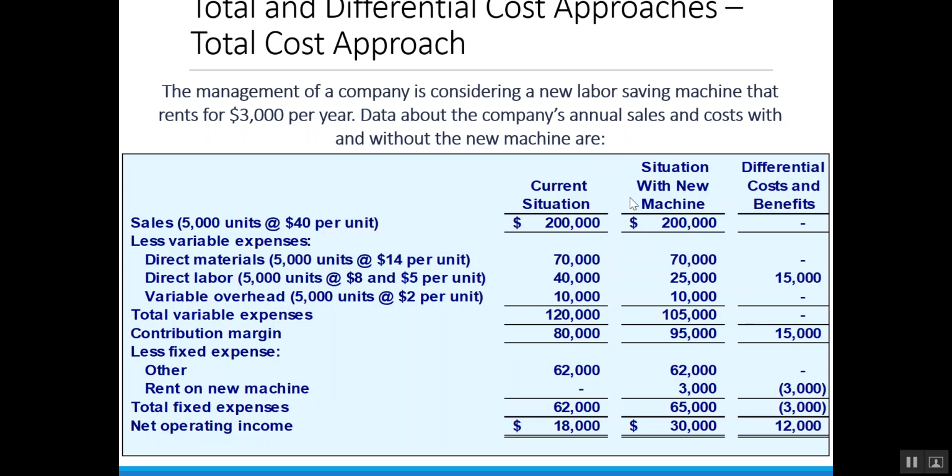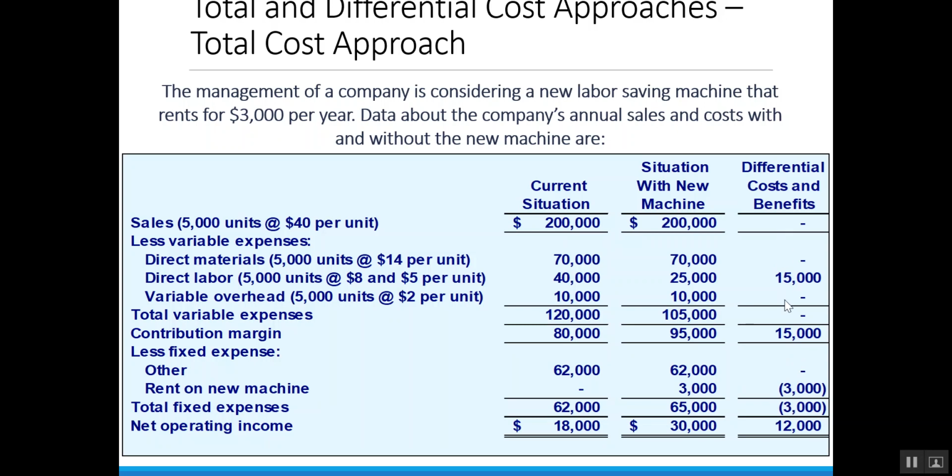So here's the current situation. Here's the situation with the machine. We see that basically the direct materials don't change, sales don't change. Direct labor does change. We reduce that cost. And then we have the increased rent on the new machine, which is a reduction of the savings from labor.